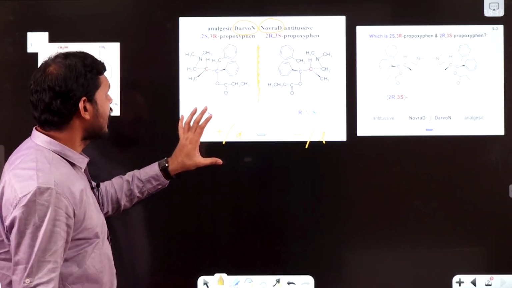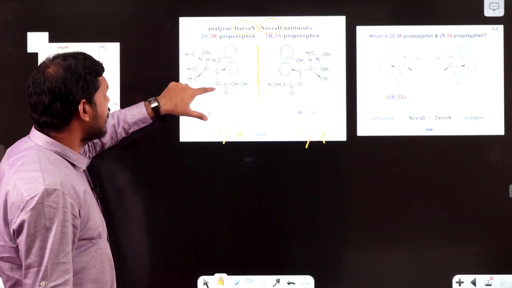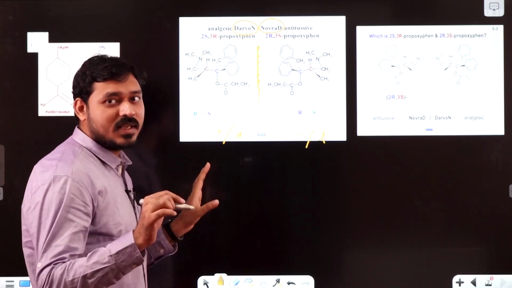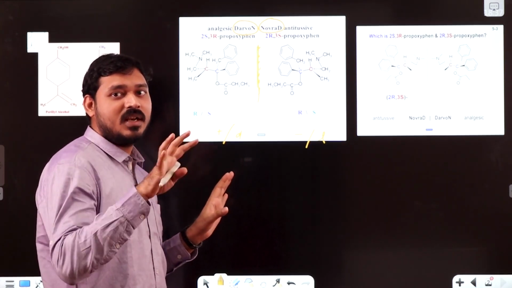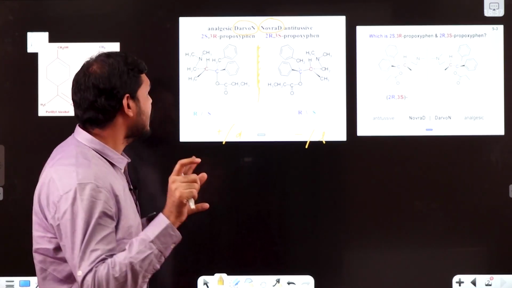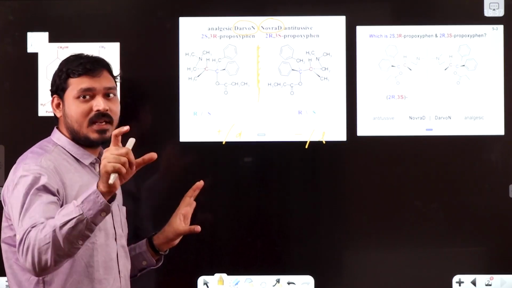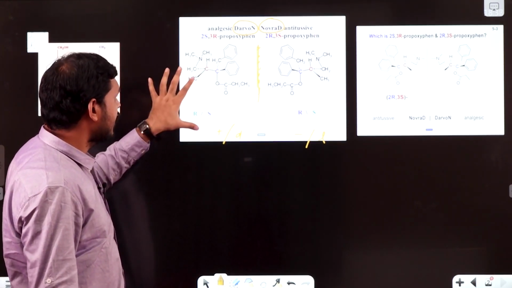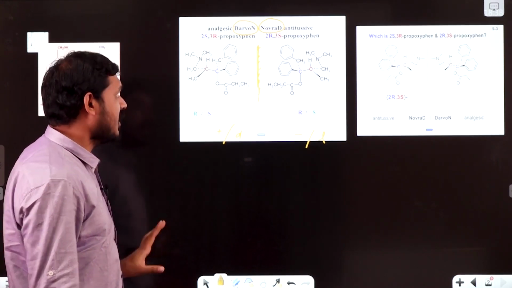In daily life, this Darvon is observed as an analgesic. If you see in terms of a medical practitioner, analgesic in simple terms is simply a painkiller. This compound Darvon is used in the medicine industry as a painkiller.